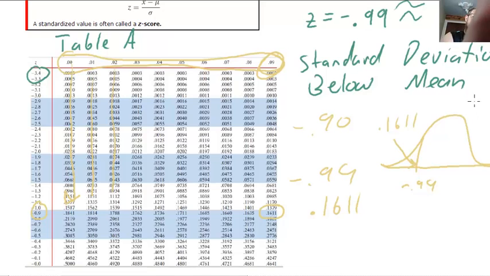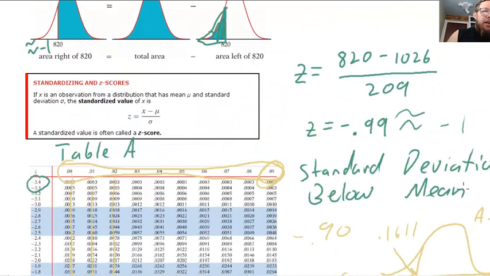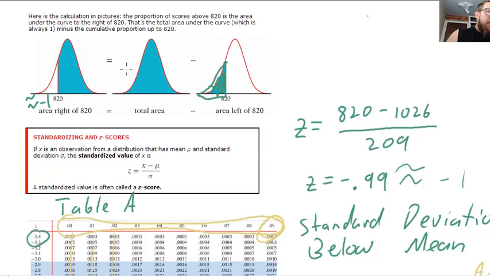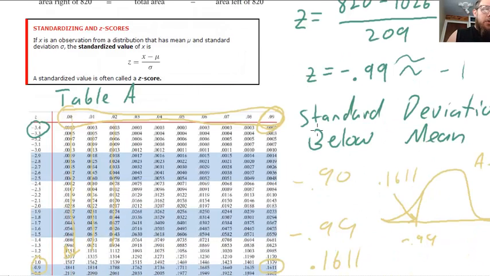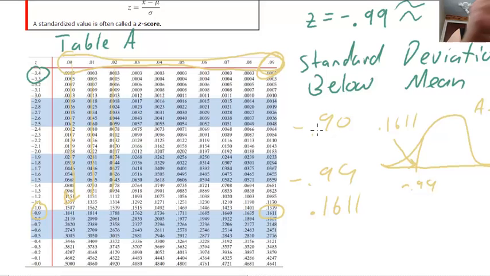The whole area under the density curve is 1. That's our probability. All of our probabilities must add up to 100%, or 1. So now to find this area to the right, or greater than 820, as we showed up here, we're going to take our value for 820 or below, which we found to be 0.1611, and we're going to do 1 minus 0.1611.